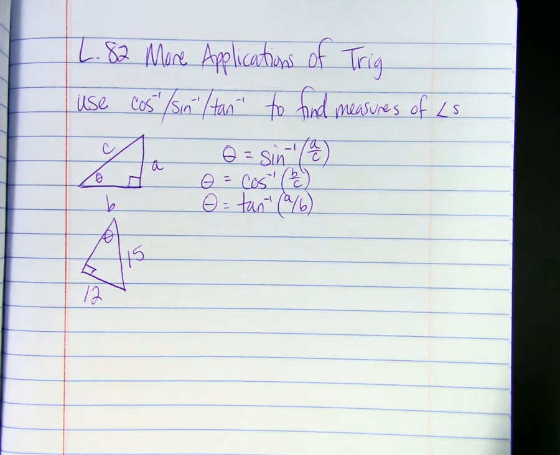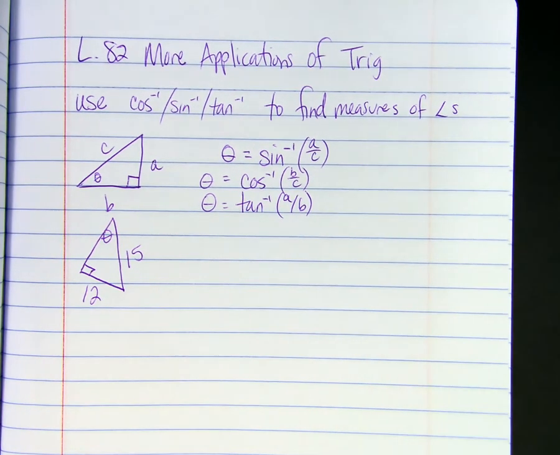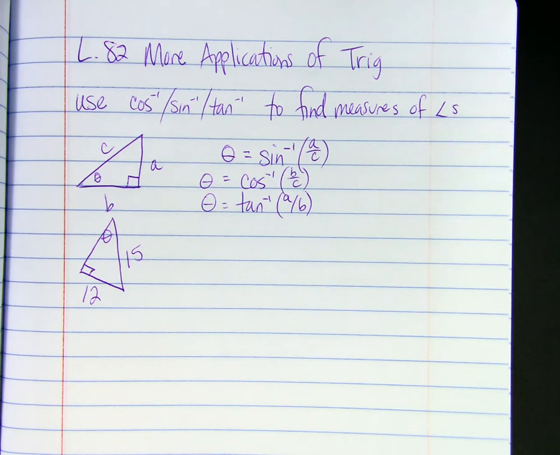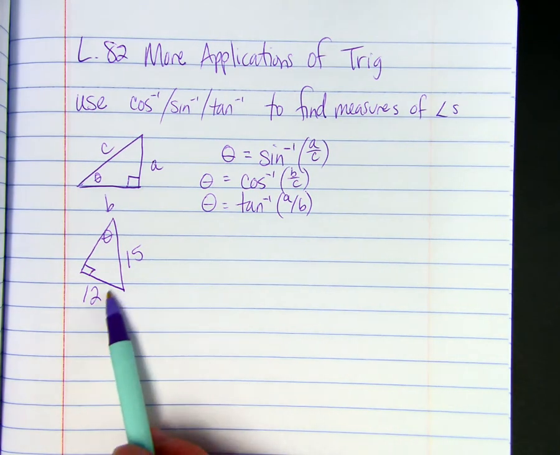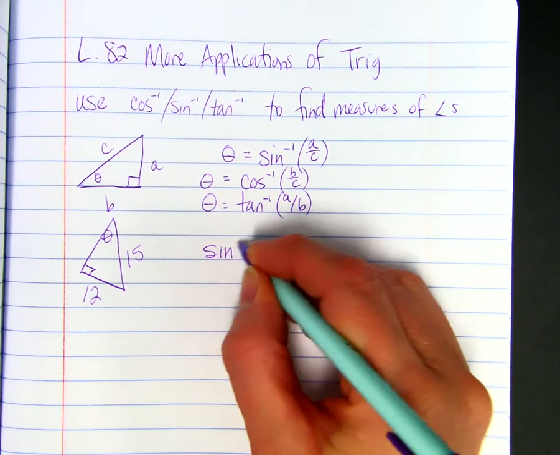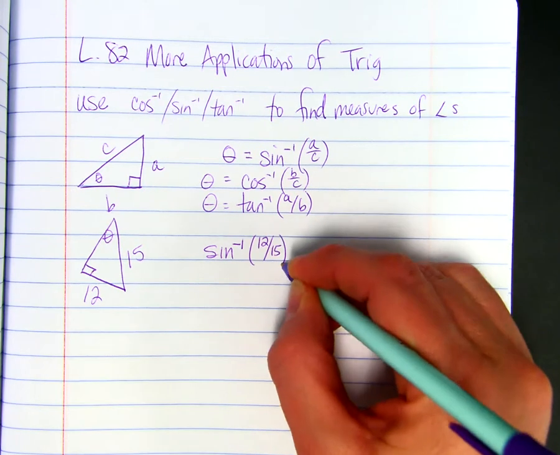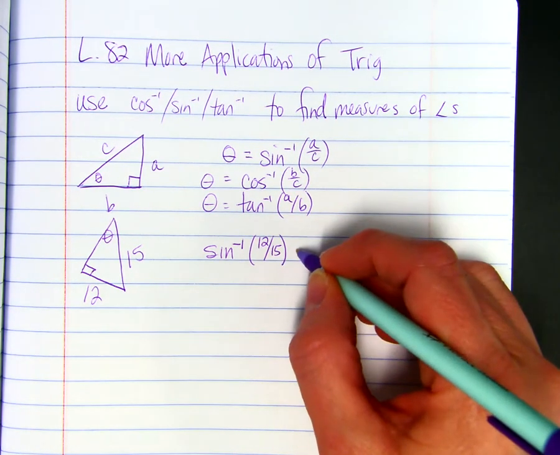If you remember your trig functions, sine is opposite over hypotenuse. So instead of finding the side lengths, we find the angle measures. Yes, we're finding angle measures. So if we did sine inverse of 12/15, we would get what theta is.